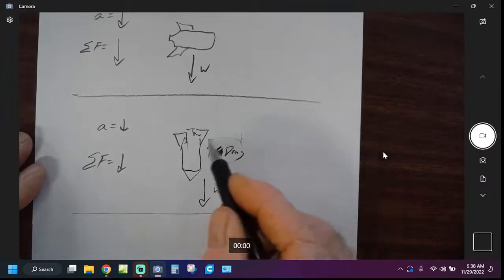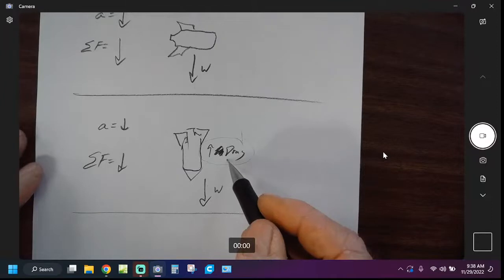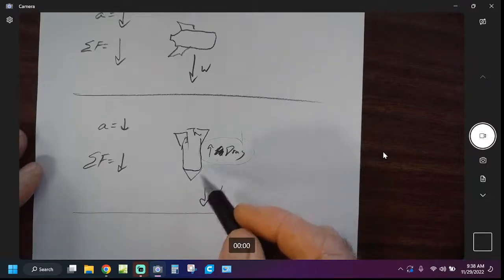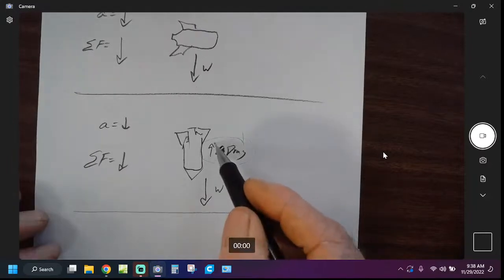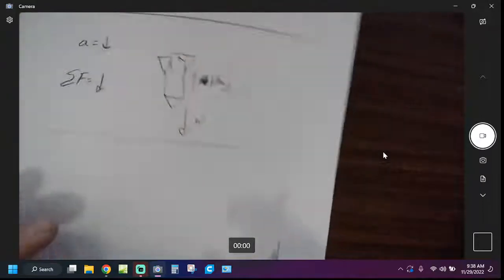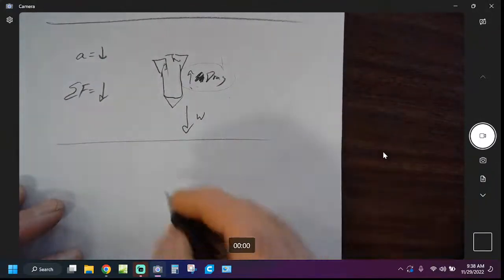And what happens to the drag as it goes faster and faster? Well, no, drag isn't weight. Drag is the force of air pushing on it. Yeah, it gets stronger. So this is going to get bigger, and eventually it's going to get as big as this, and then it's at terminal velocity. So this is going down before reaching terminal velocity.